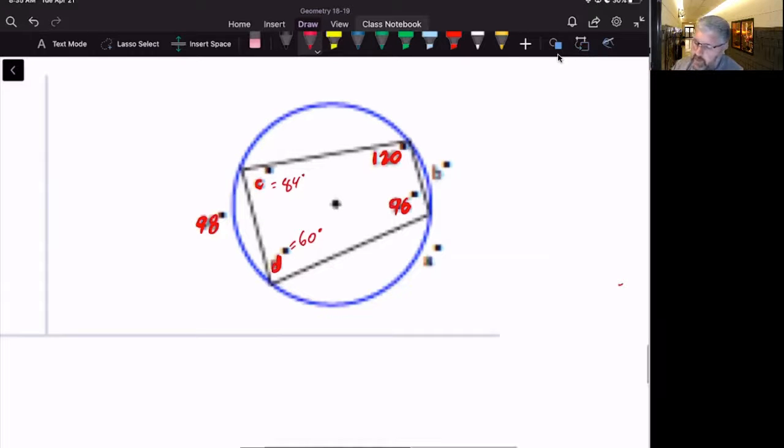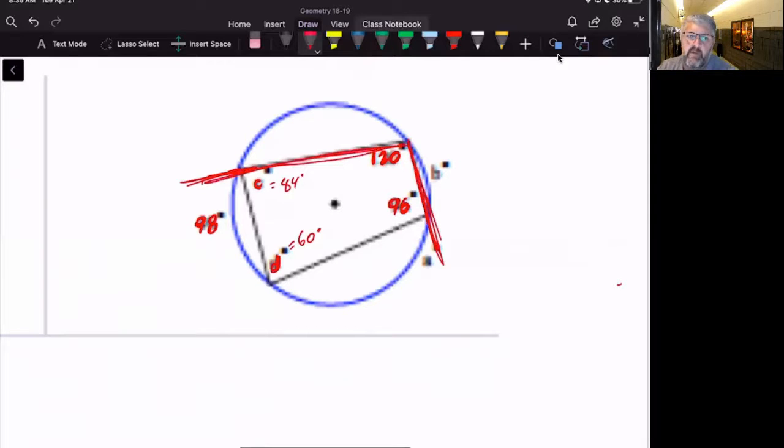Next, if we look at 120. Our angle that's 120 inscribes or cuts off whatever that angle or that arc, right? That goes from there all the way around to there. Okay, and that's where A is. Well, that whole arc is going to be double 120, so 240.